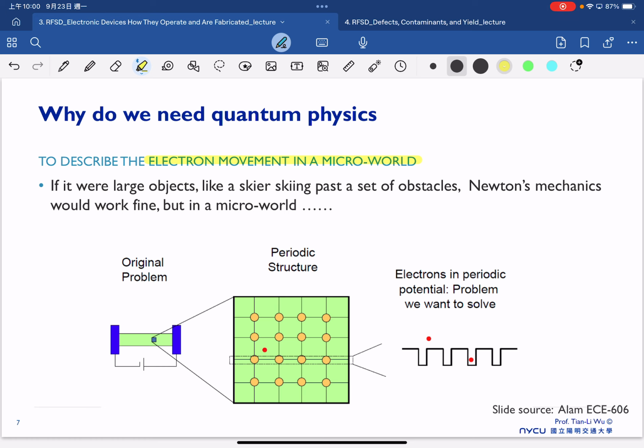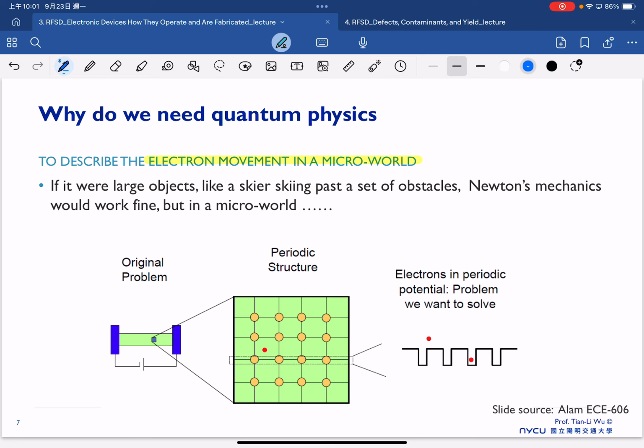The typical physics we refer to here mainly means Newtonian mechanics. If we have a large object, Newtonian mechanics works very well. But in the very small world, especially down to the micro or even nanometer world, we found that Newtonian mechanics cannot explain lots of things.